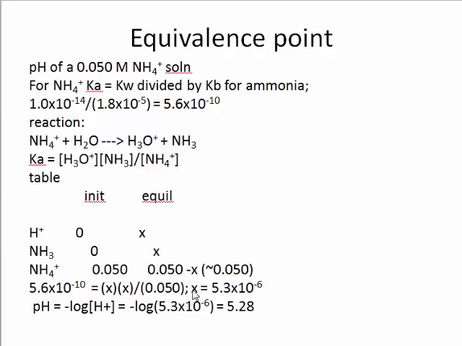And solve for x, it's 5.3 times 10 to the negative 6, which produces a pH, negative log of H+, negative log of 5.3 times 10 to the negative 6, of 5.28. In other words, the equivalence point of this titration, unlike the preceding one, is not at 7.